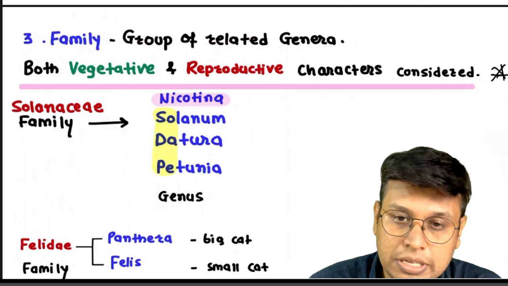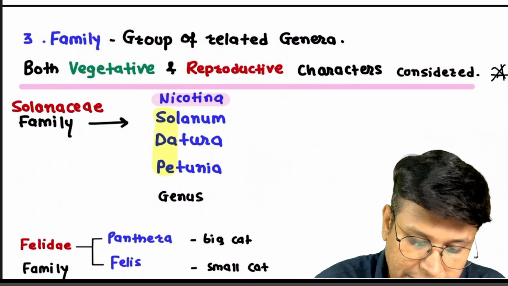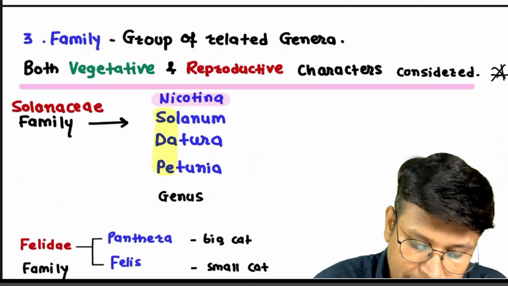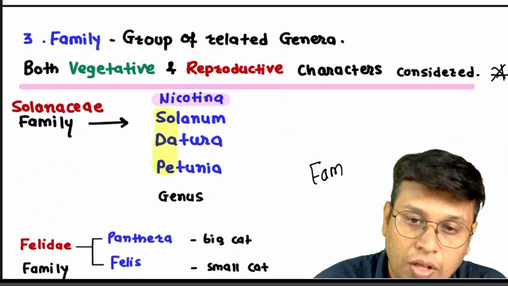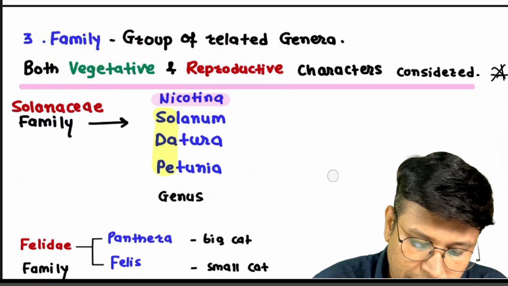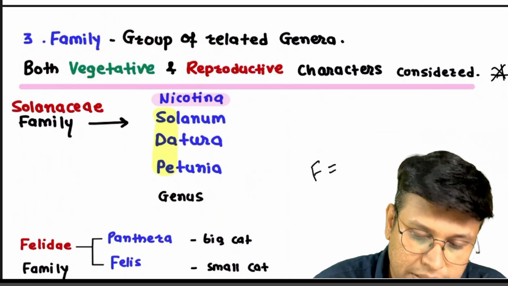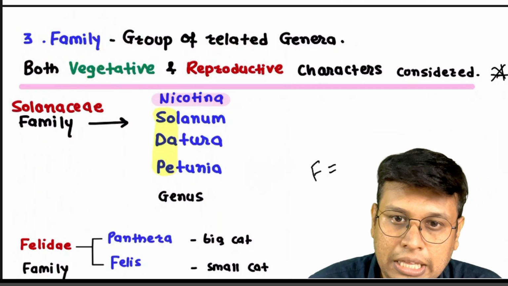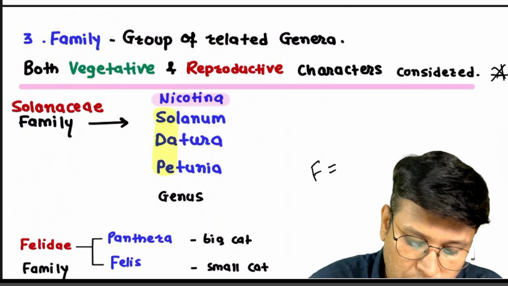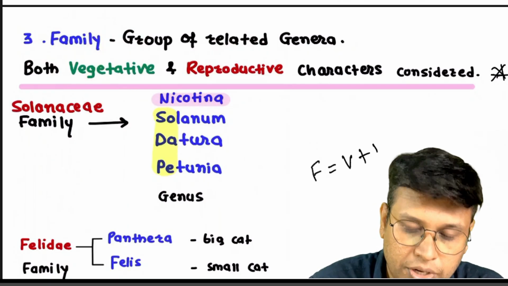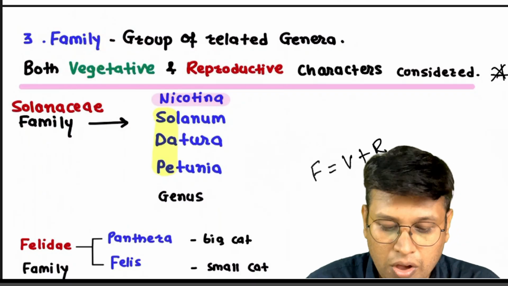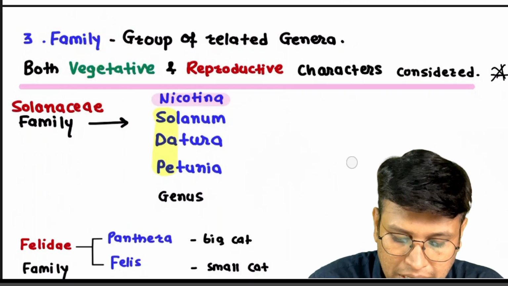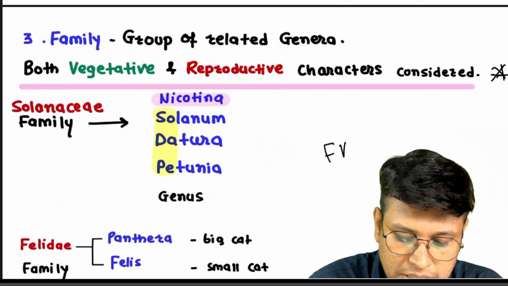So when you consider family, pay attention here. If you want to remember this, family will consider both vegetative plus reproductive characters. Or if you want to make it very simple, you can remember it as FVR.